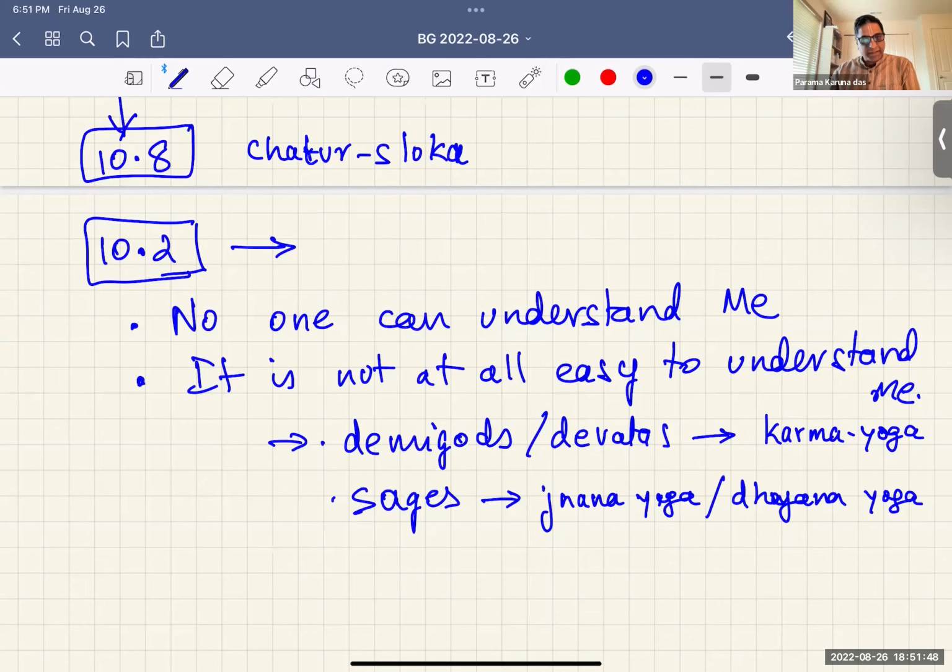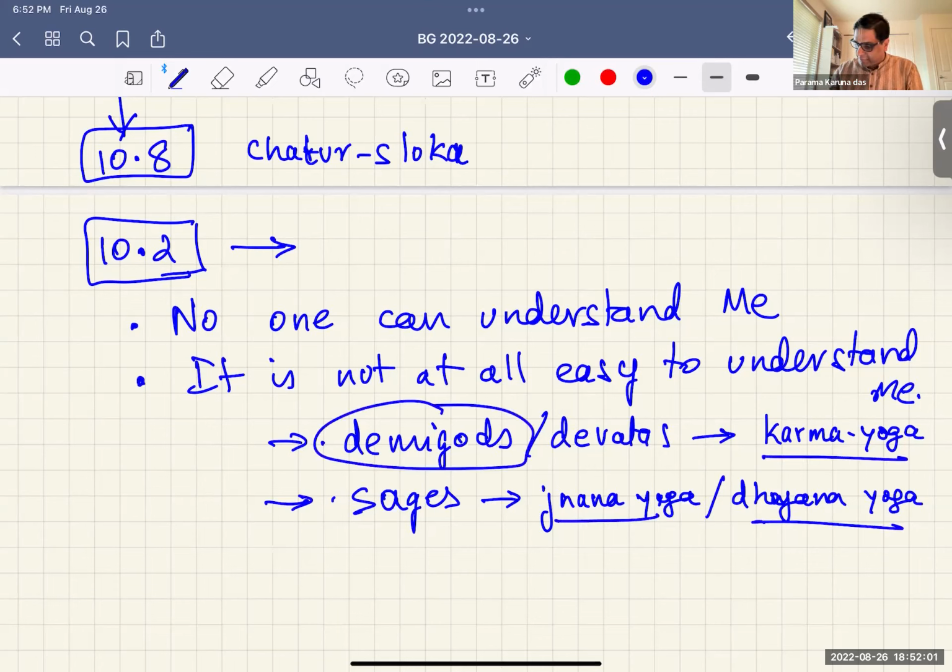That is where these sages live. And even they cannot understand Lord Krishna. Understanding the essence of Lord Krishna through these processes, by these kinds of people, the demigods and the sages, does not occur. That is the essence of 10.2.